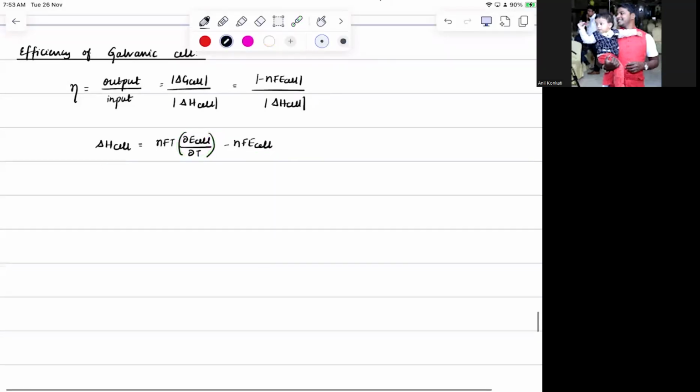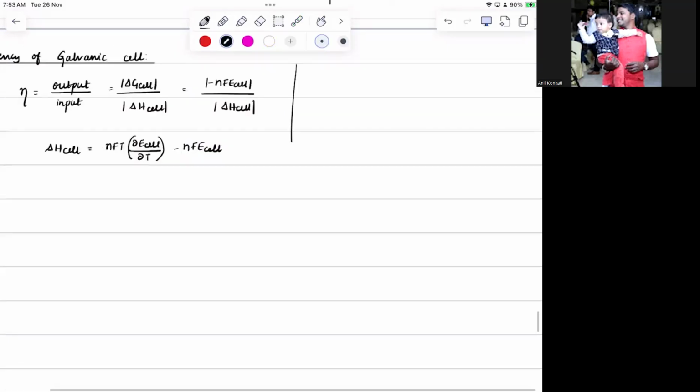Right? Sometimes the same question can be put in terms of a graph also. That is, if it is E cell versus temperature, then E cell, if you write it in terms of value here, would be equal to minus delta H cell by NF, right?